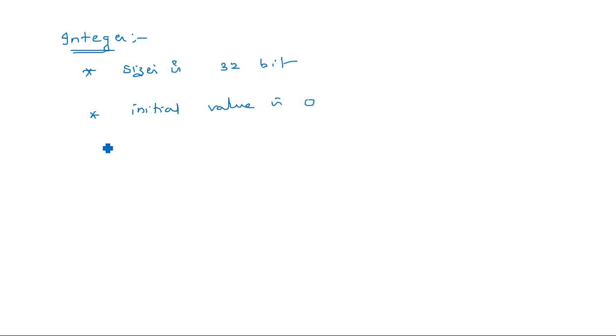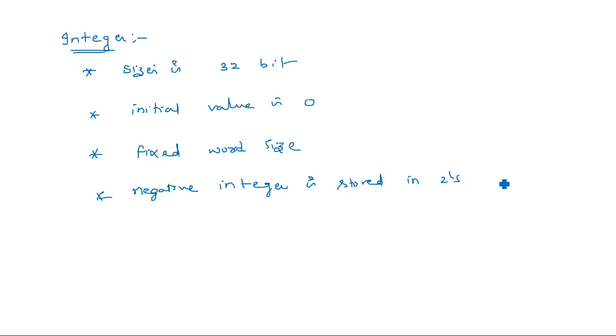Initial value is 0. Initially it starts from 0 and it is having a fixed word size of 32 bit. Negative integer is stored in 2's complement. We know about 2's complement.